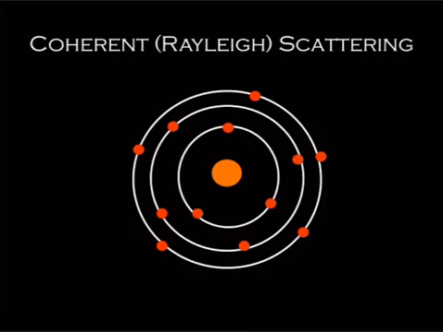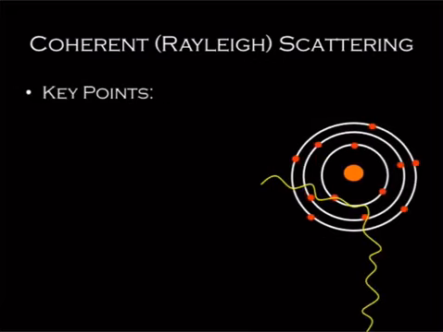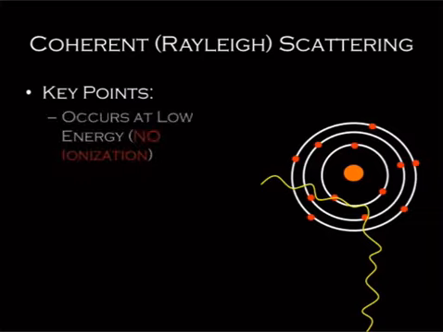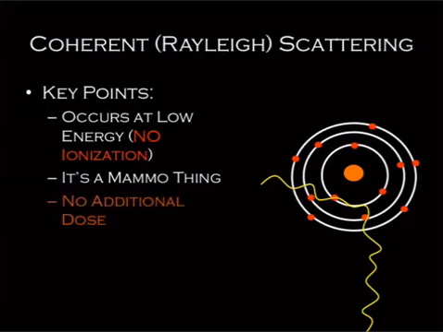So what does that actually mean? Who cares? So here are the testable points. It occurs at low energy, and it results in no ionization because it doesn't have energy that's high enough to do that. It's really only seen clinically in situations where low energy is used, and as I'll talk about in a future lecture, that is mammography, which uses some lower energies.